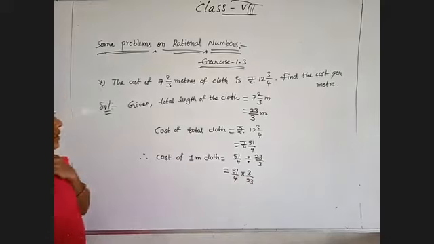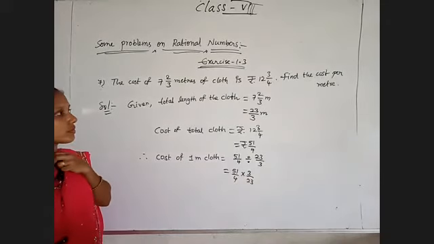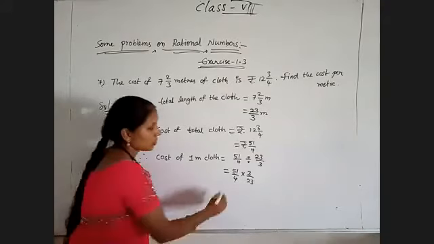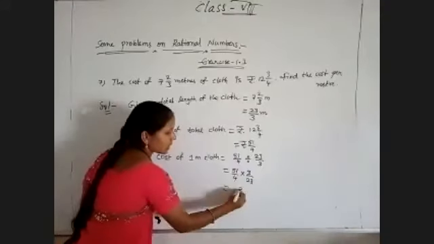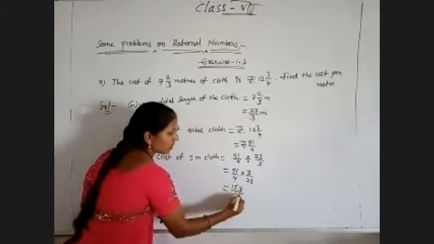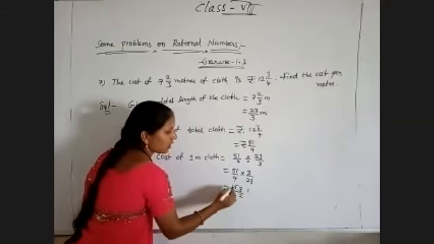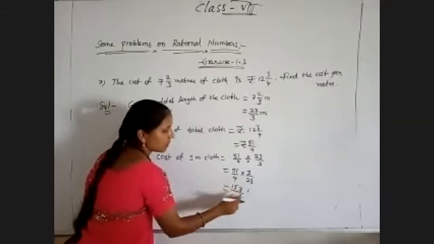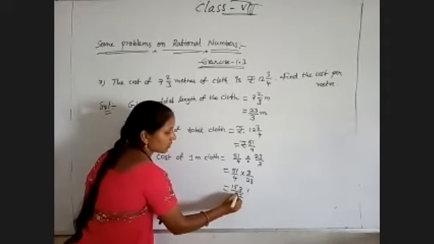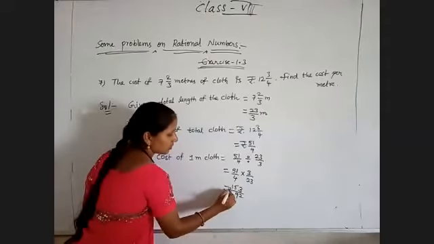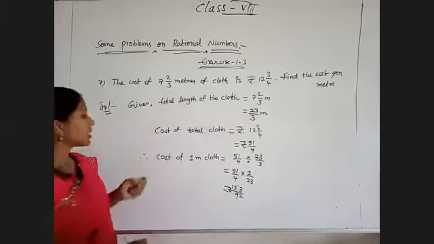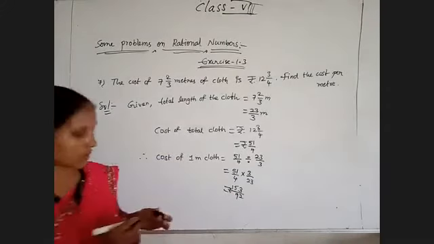Okay. So do the multiplication. 3 1s are 3, 3 5s are 15, 4 3s are 12, 4 2s are 8 plus 1 is 9. So this is the simplification.